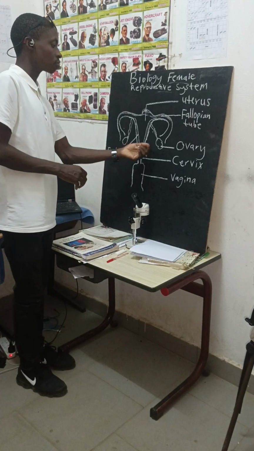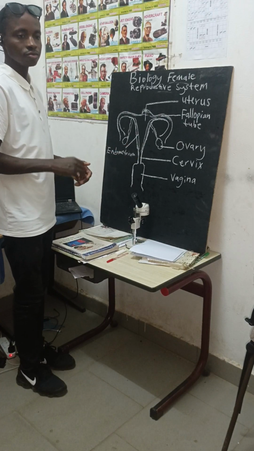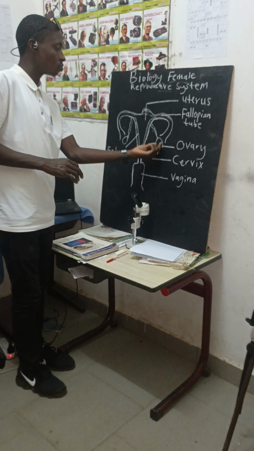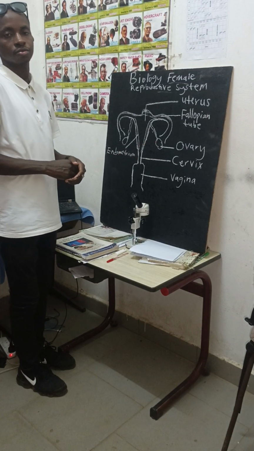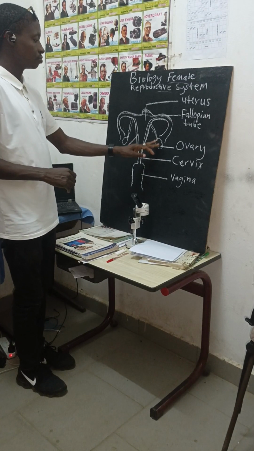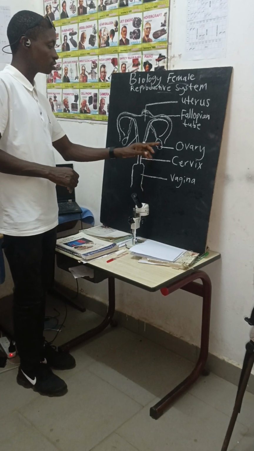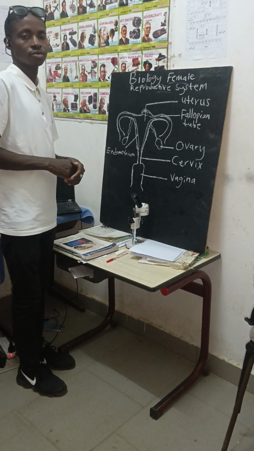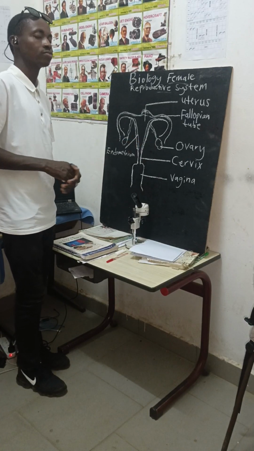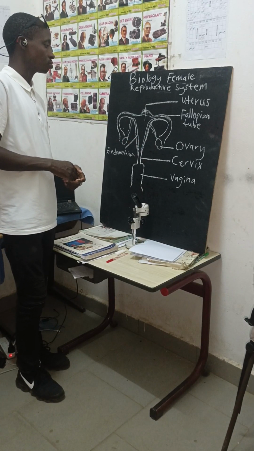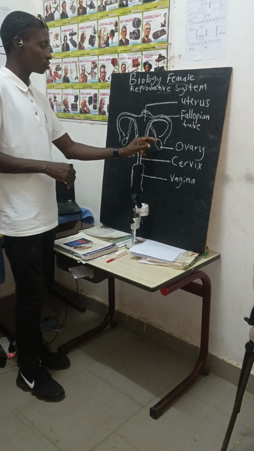It also helps in the production of two hormones that are released from here, that is estrogen and progesterone. Those are other hormones that can be released from the ovary, or another function of the ovary. There are two ovaries, and they perform different functions.